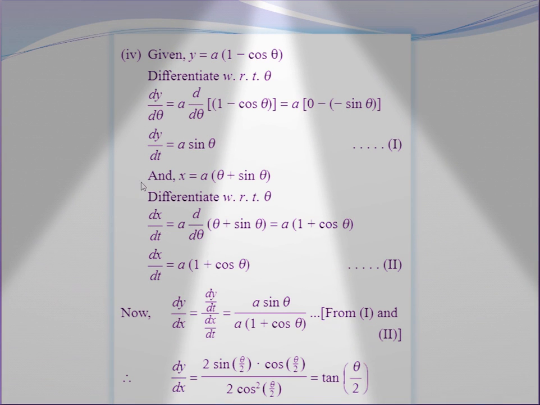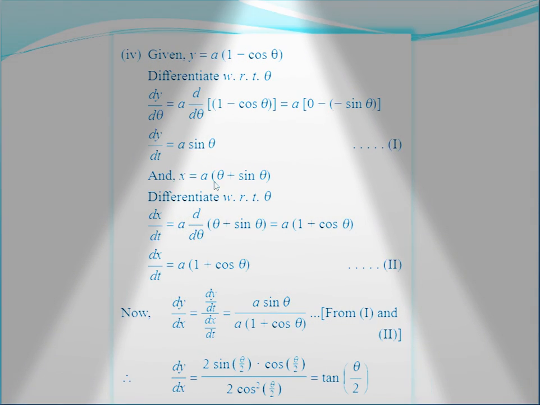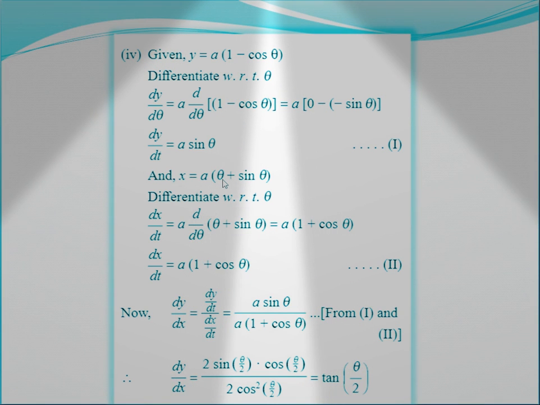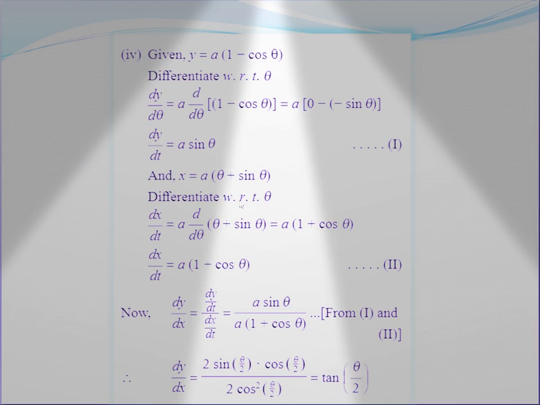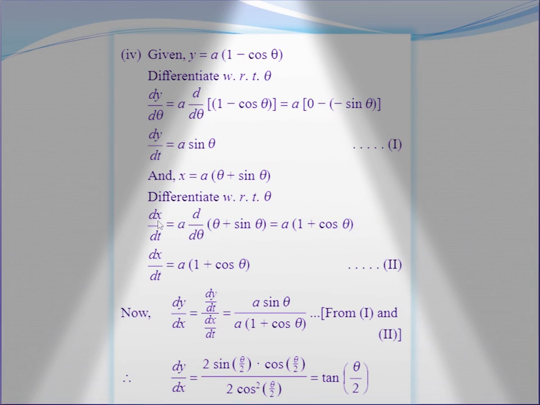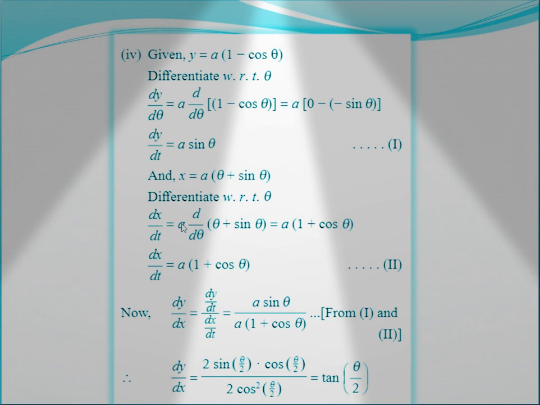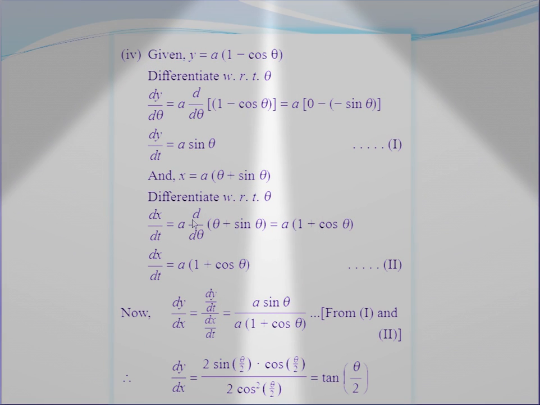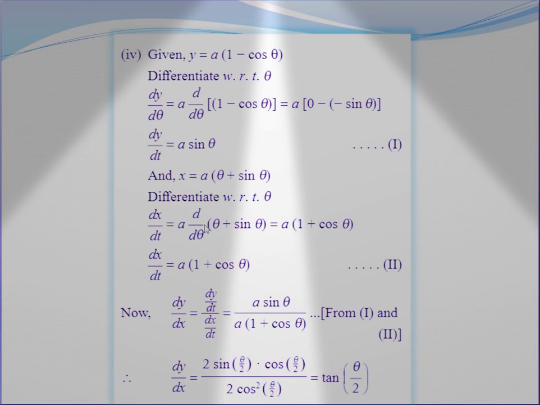Now consider equation second. x is equal to a into (theta plus sin theta). Now differentiate this equation with respect to theta. Therefore the derivative of x with respect to theta is dx upon d theta. Here, instead of dx upon dt we can write dx upon d theta.